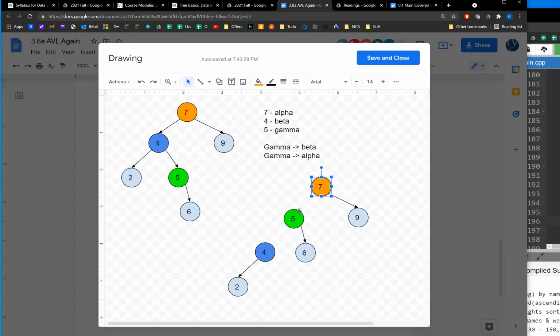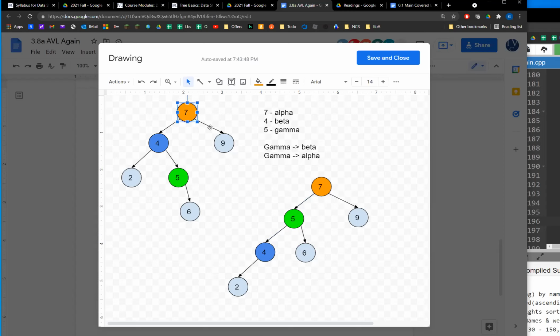All right, so we're trying to straighten out this insert to make it a left-left scenario, like we did a few minutes ago. Taking over its spot in the previous location, right?